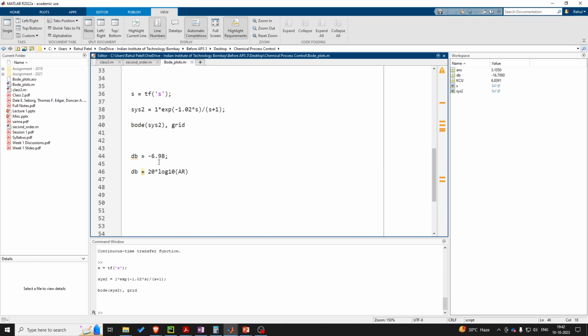Now we have to convert this decibel value into an amplitude ratio. So the amplitude ratio will become 10 raised to minus 6.98 divided by 20.